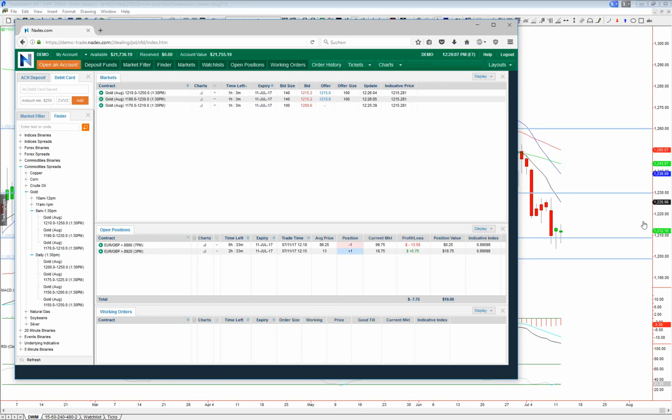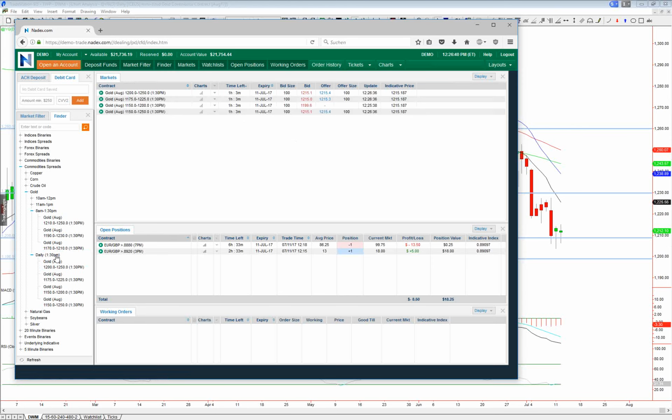So all the range could still be working out for me. However, how likely do I think it is that price will drop significantly below 1210 within the next 63 minutes? Not so likely. So first thing I want to have is a range that works in my favor, and the next thing that I want to see is enough time left in that option trade to be working out.